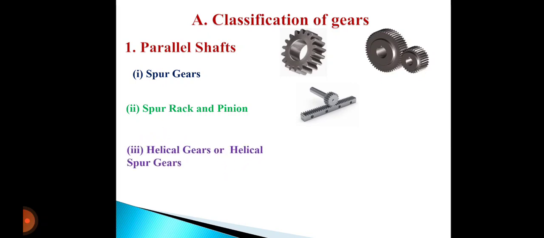Now, helical gears or helical spur gears. In helical gears, the teeth are curved, each being helical in shape. Two mating gears have the same helix angle but have teeth of opposite hands. So, in this figure, at the beginning of engagement, contact occurs only at the point of the leading edge of the curved teeth.